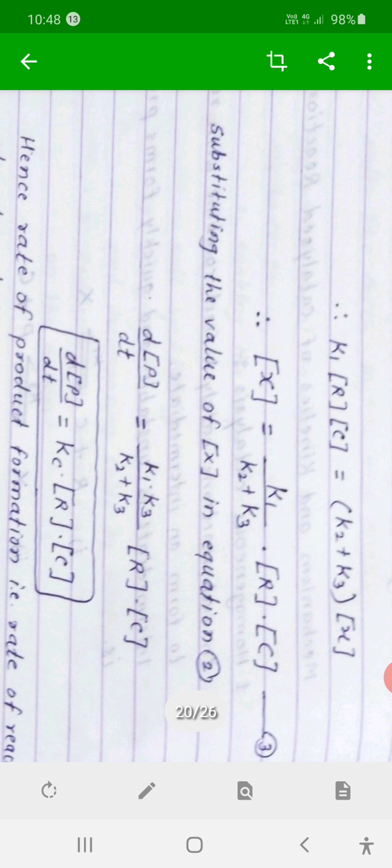Then substituting the value of X in the rate of product formation equation.